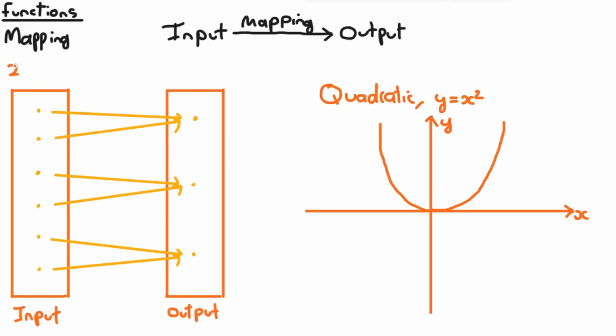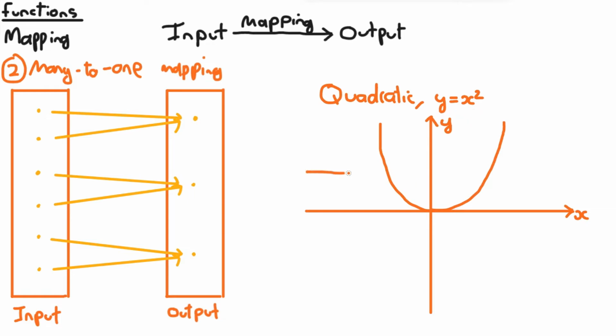The second type of mapping is many-to-one mapping. And this is when multiple inputs can go to the same one output. And you can see this in this diagram here, when these 2 inputs can go to this exact same one output here. So an example of this is a quadratic, such as y is equal to x squared.